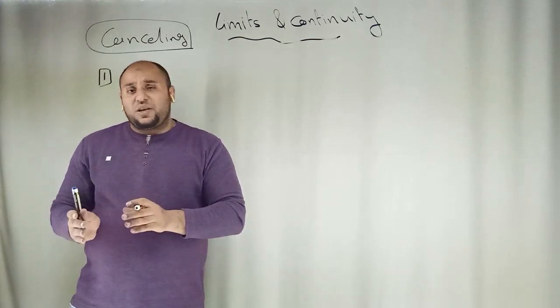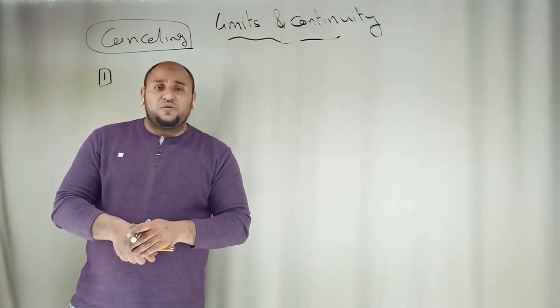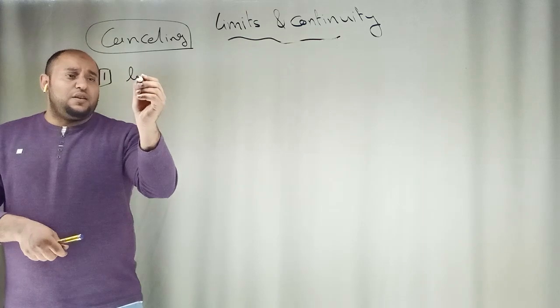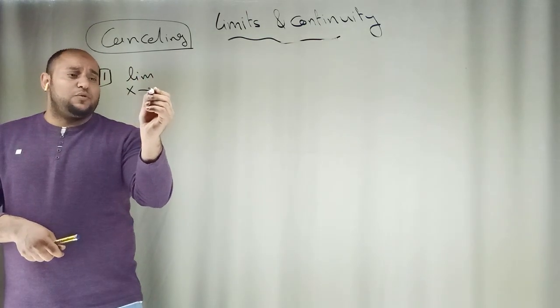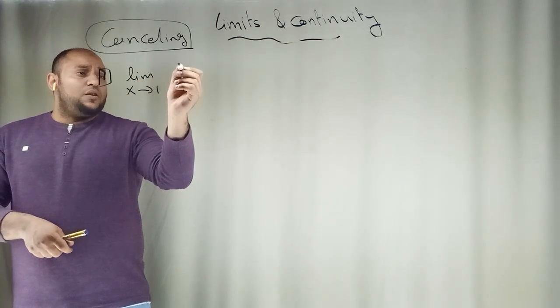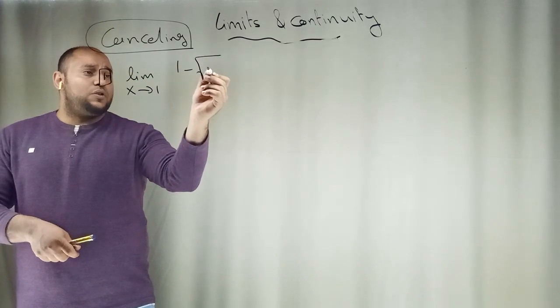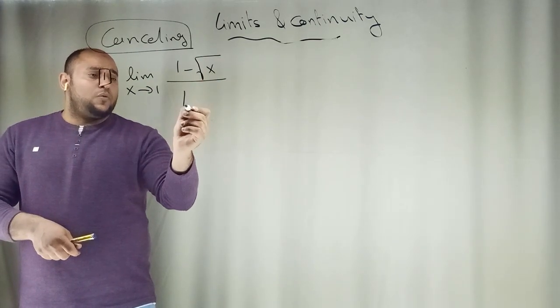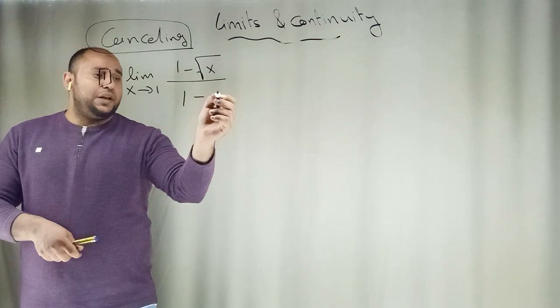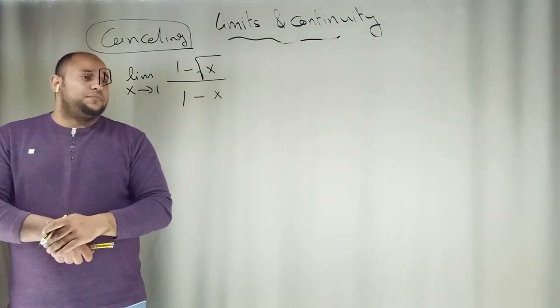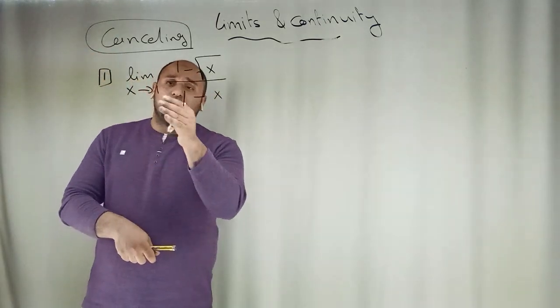But sometimes you find an unknown value, like if I give you the limit as x approaches 1 of 1 minus square root of x over 1 minus x, and I ask you to find the limit.